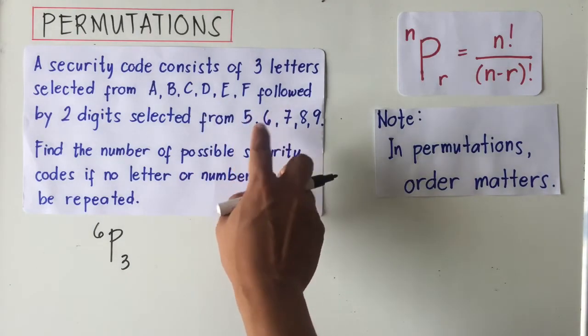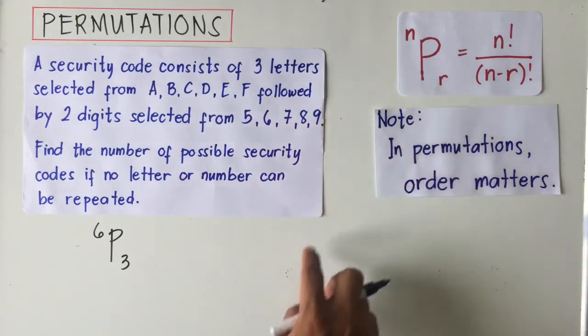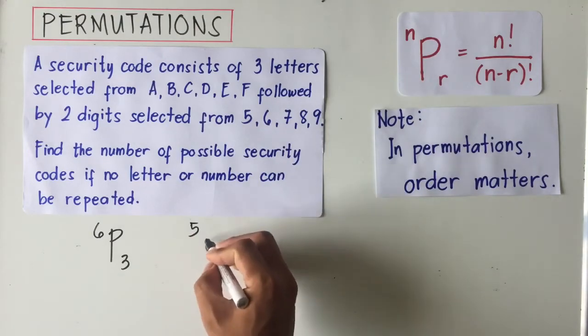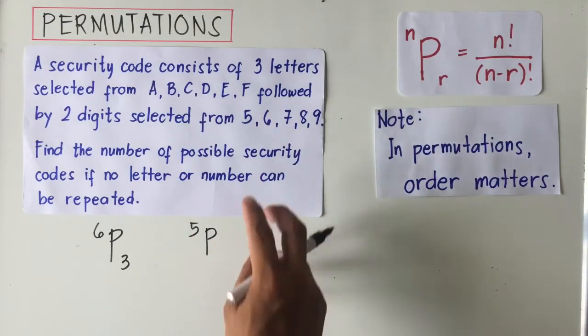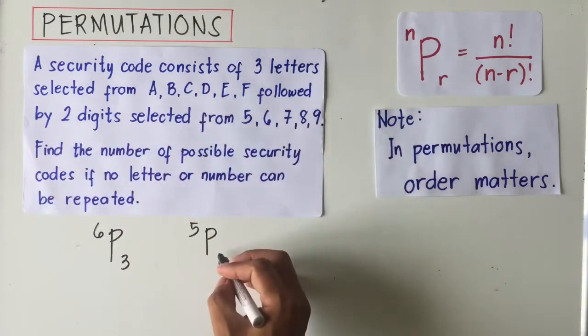I have 5 choices: 5, 6, 7, 8, 9. So I have 5P2. I will only select 2 of those digits.